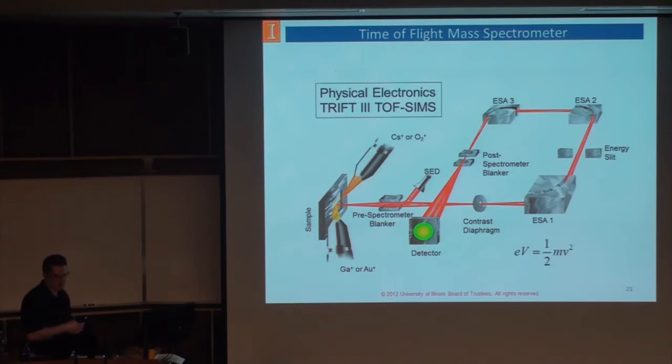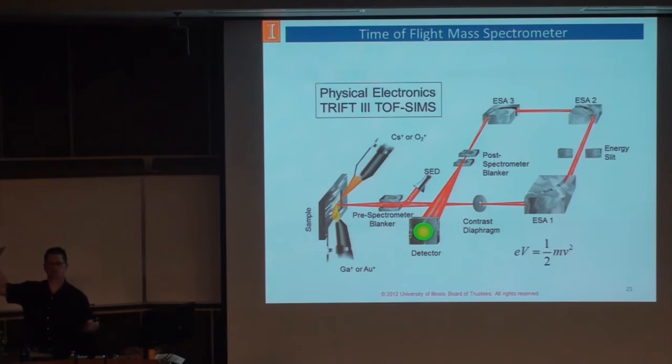In this case, the time of flight detection works a little bit differently than what we had on the Cameca, where you're bending it through an electromagnet. Here you send in a pulsed beam that hits the surface, and then you generate your secondary ions, and then you put a big electric field on there, and so you're basically accelerating them to a certain potential, in the kilovolts, and that potential can then be translated into kinetic energy, so that's 1/2 mass times velocity squared.